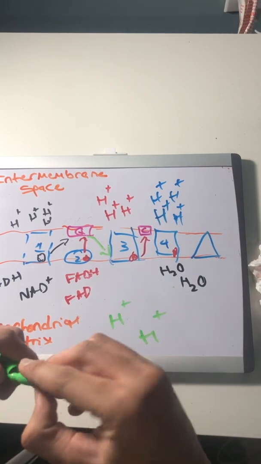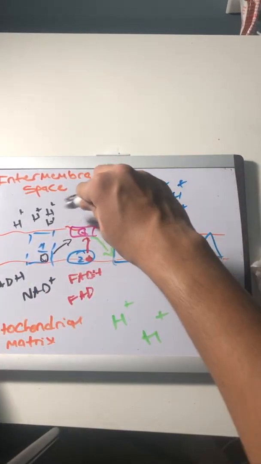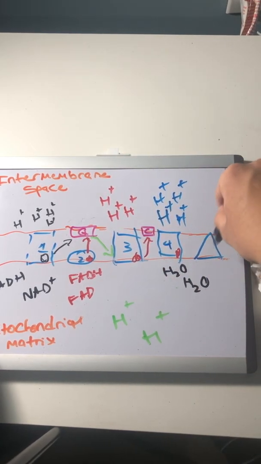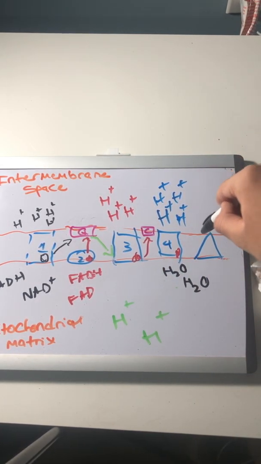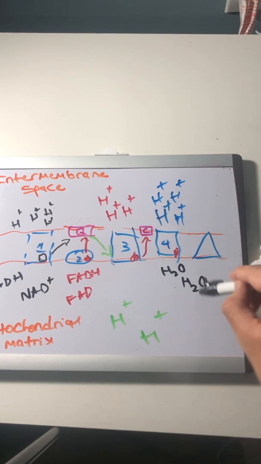Anyways, all of these proton gradients up here are now going to go through chemiosmosis through ATP synthase, and go back into the mitochondrial matrix to make ATP.